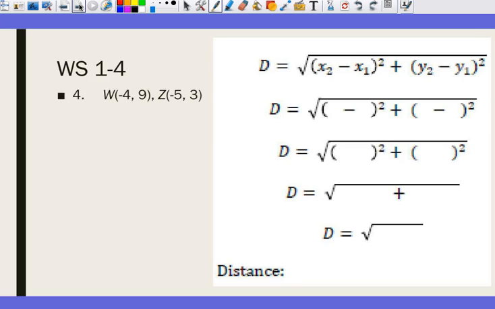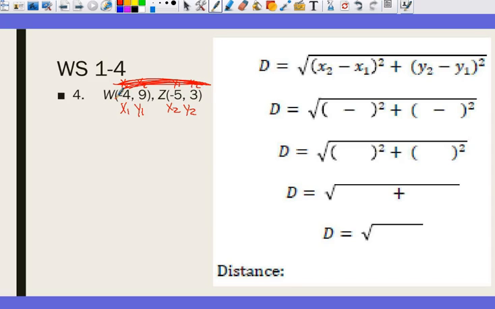The first step to solving any of these, who remembers what the exact first step is? Every time I told you to do this: label it. We want this to be x1, y1, this to be x2, y2. The biggest mistake students make will be something like this, x1, x2, y1, y2. That's not right. I don't want to see that.